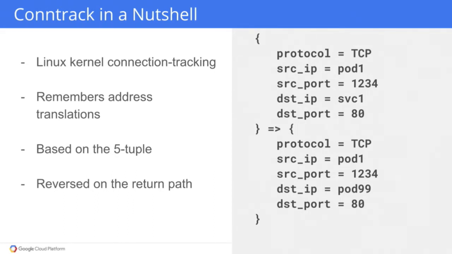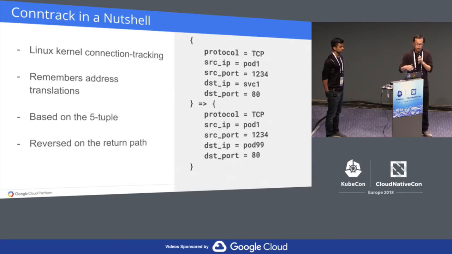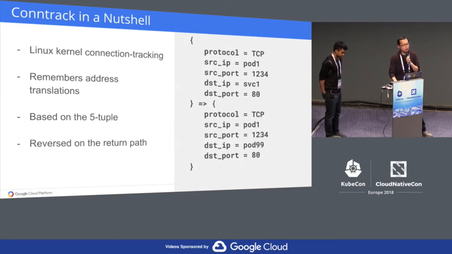It provides the functionality to remember the network address and port translations that happen inside the kernel. It's based on the 5-tuple: protocol, source IP, source port, destination IP, and destination port. The network address translation will get reversed on the way back, so that the client will not get confused.